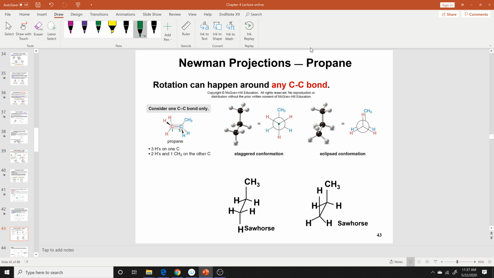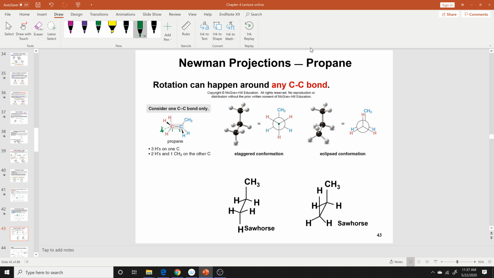So let's go ahead and represent propane in the form of a staggered and eclipse conformation. For a staggered conformation, as you see, this is going to be the carbon. If I make this carbon in front, I am looking along this line over here. So I am seeing this carbon to be in front.